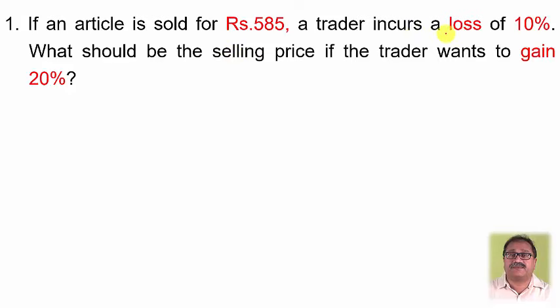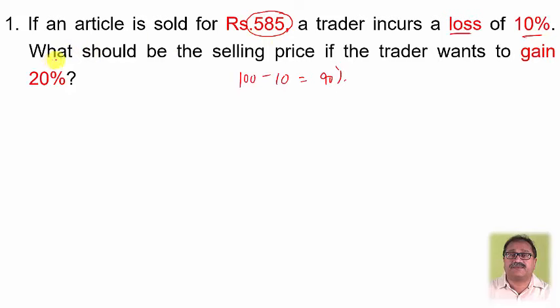Let's work it out. In the given question, there is a loss of 10% if he sells for rupees 585. That means 585 is what percentage of the cost price? When there is a loss of 10%, so 100 minus 10, that is 90%. And the 90% is given as 585.